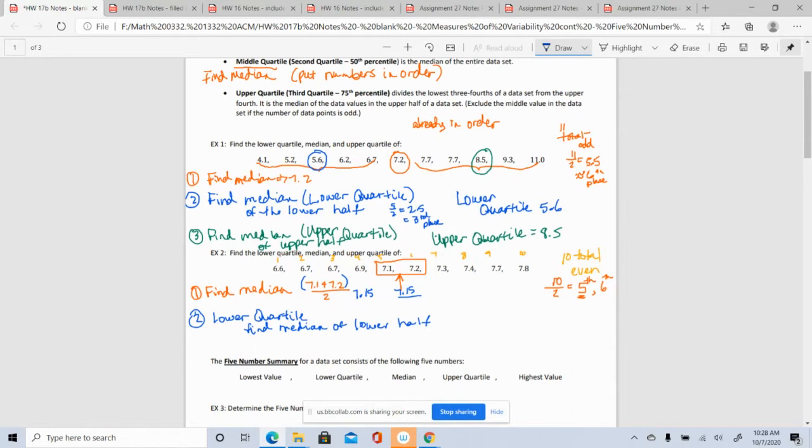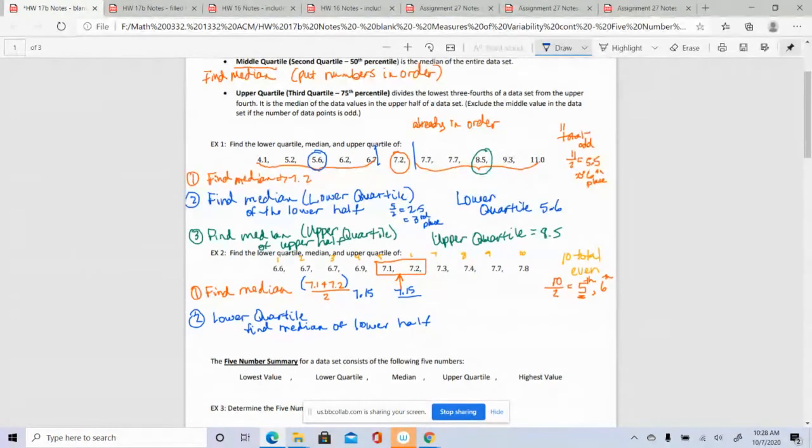Now, just to backtrack, with the first one, when we had a particular midpoint that we could find, we excluded it. We did not count that in the lower half or the upper half. Do you see that? Here's the lower half, I found the midpoint.